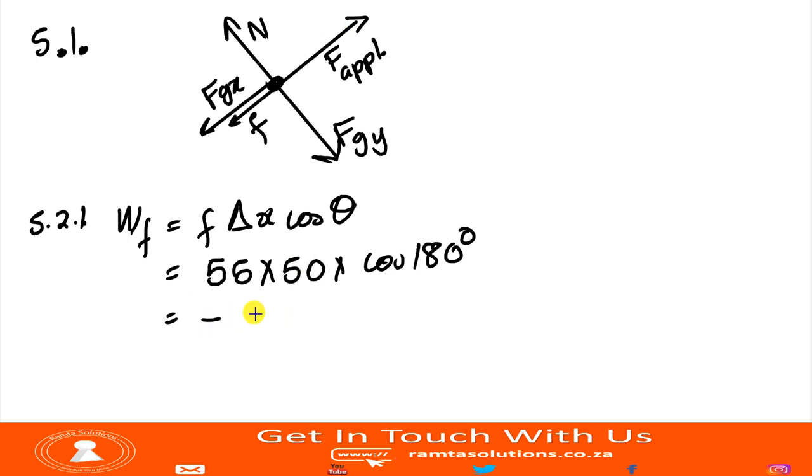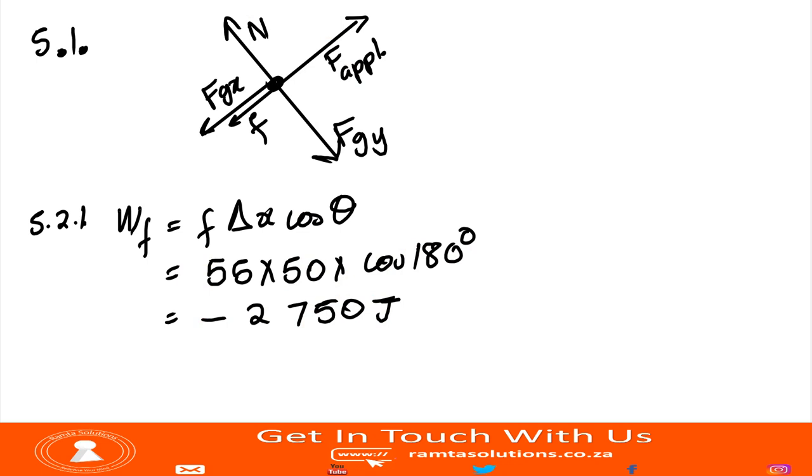Negative 2,750 joules. You guys have your calculators there. Maybe let me take mine as well. 55 times 50 is 2,750. So this is the work done by friction.